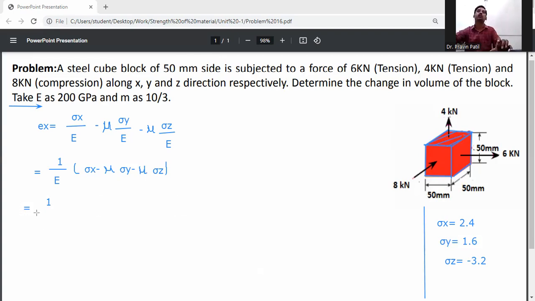So bracket close. Just solve this one. Put all these values in terms of mu and put the E value in at the last. The calculation will be easy that way.